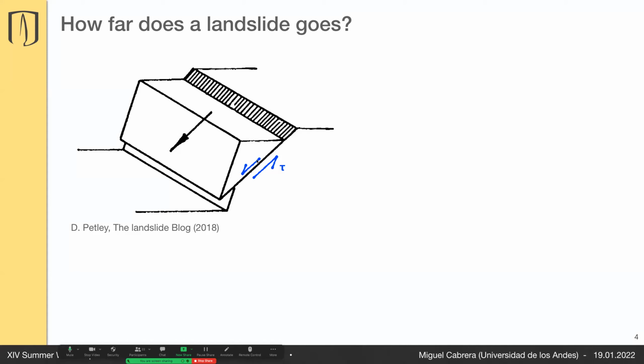And this self-weight, for some reason, exceeds the shear resistance of the material. As a result, we get a landslide, and that is very canonical in slope stability, and we use it to predict whether or not a slope will fail.